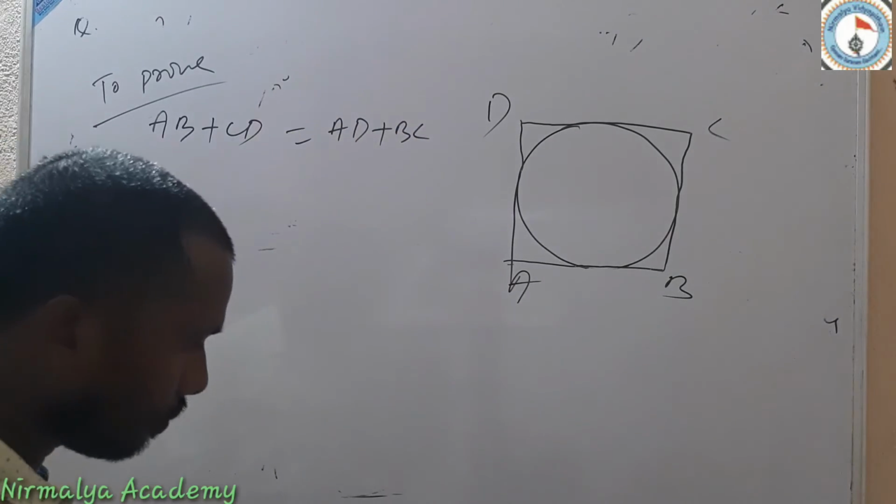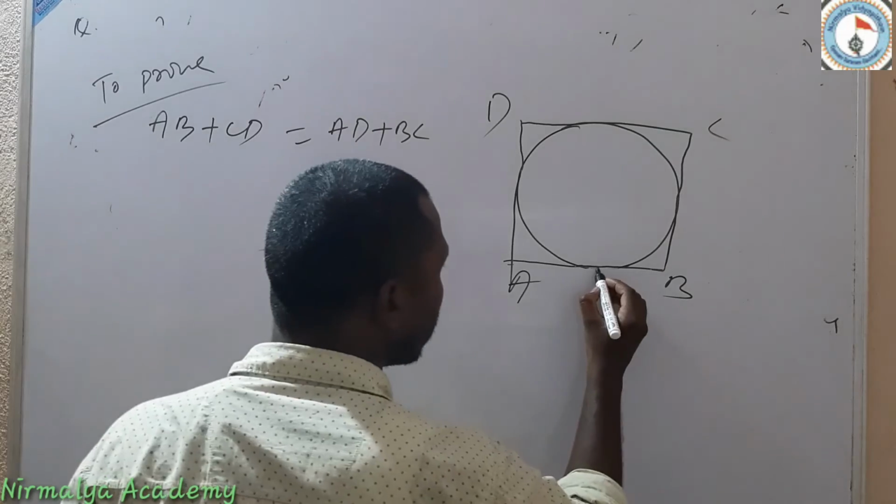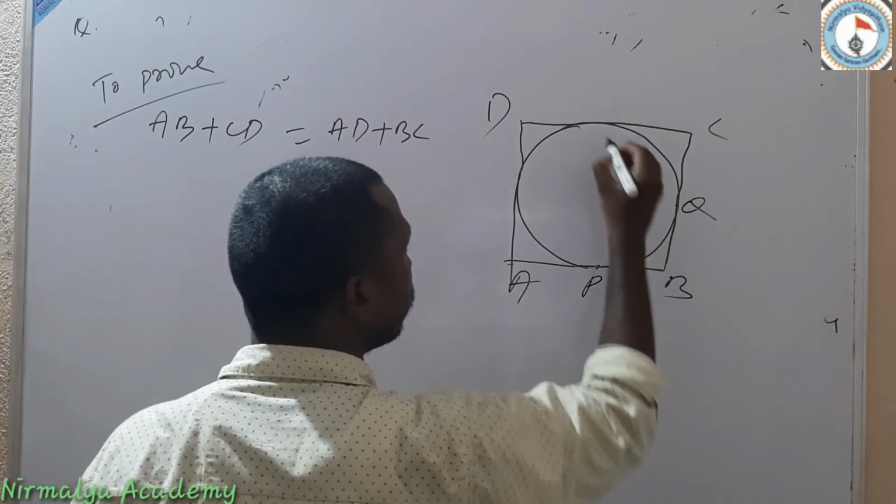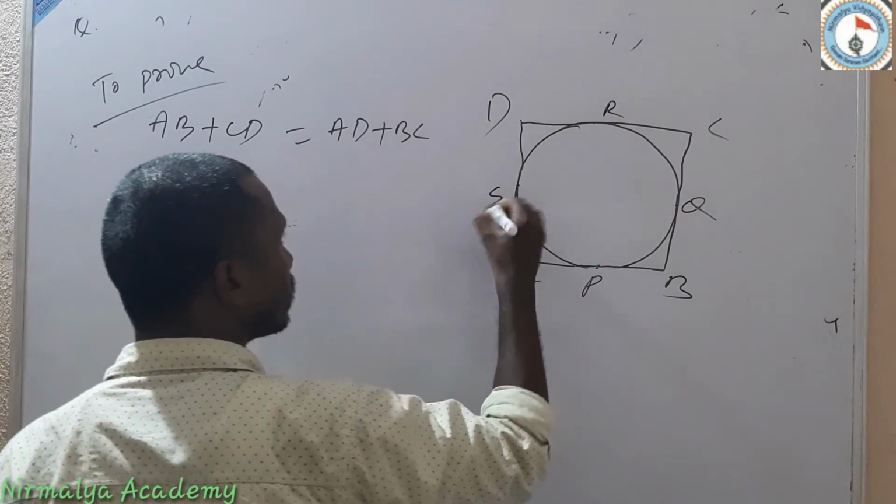Let's take the points of contact as P, Q, R and S.